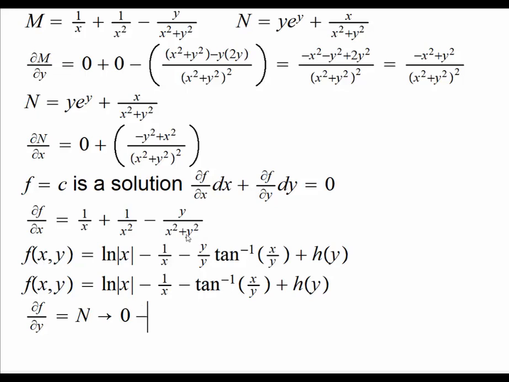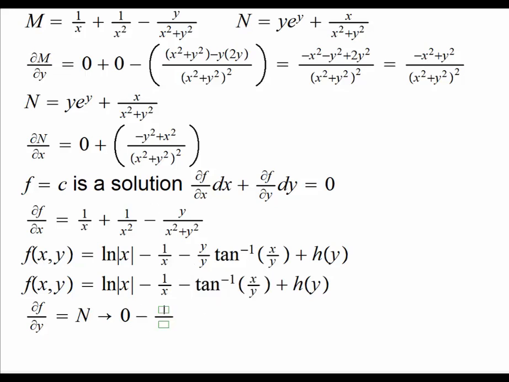Here tangent inverse x over y, and we are differentiating f with respect to y. So what would that give us then? We have to differentiate this with respect to y, treating x as a constant.